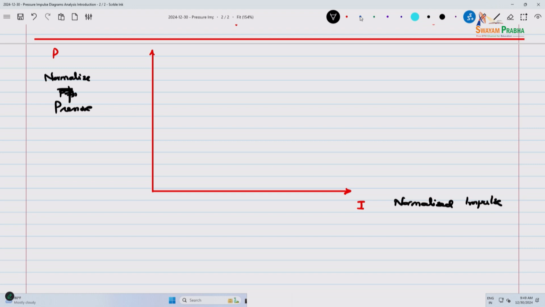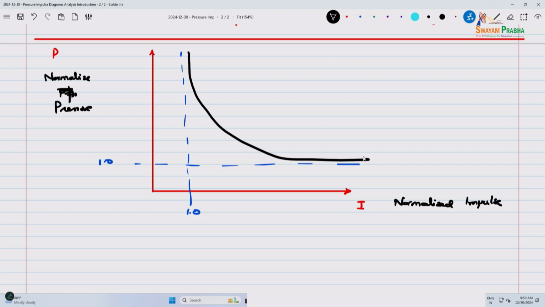What we have seen is normalized, so this is 1.0 and 1.0, and it is asymptotic. Actually if you plot P versus R also, it sort of represents a PI diagram in some way. P versus R is also normalized. When you normalize that, you can get R if you represent it for impulse purposes. It also looks very similar to this expression.